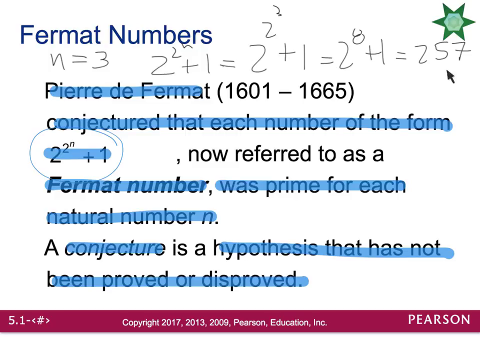So that's actually a prime number. It's been tried for very high values of n, but you can see how quickly this gets big. You start with n equals 3 and you get 257 because you're taking 2 to the 2 to the n, taking the exponent again.